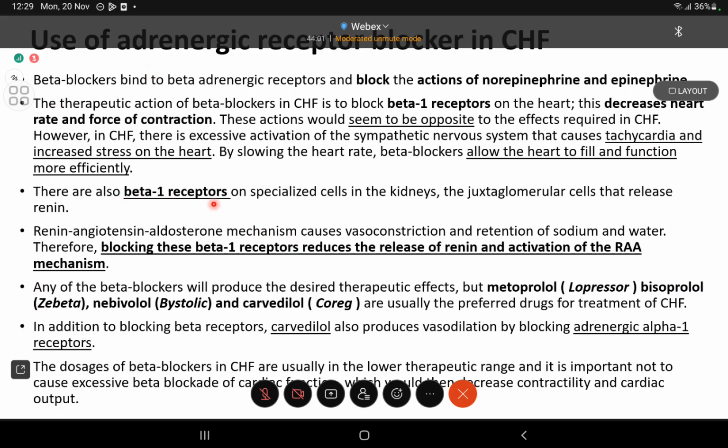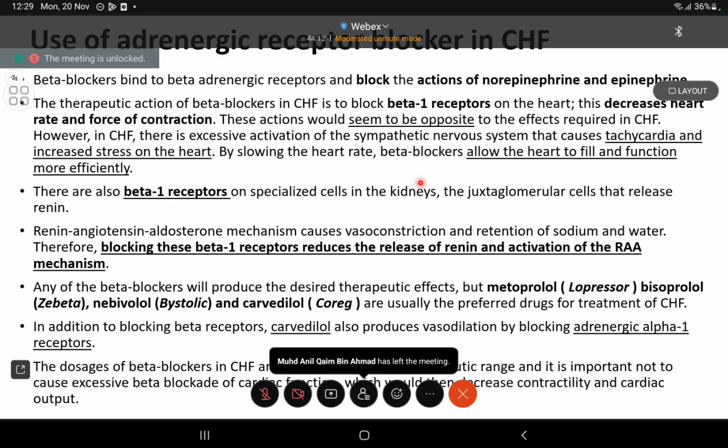Beta one blocker not only acts on your heart but also on the cells in your kidney, especially the juxtaglomerular cell, which releases renin.